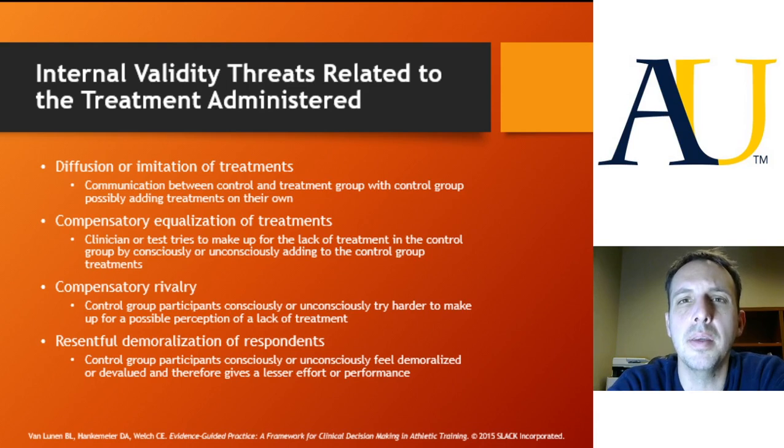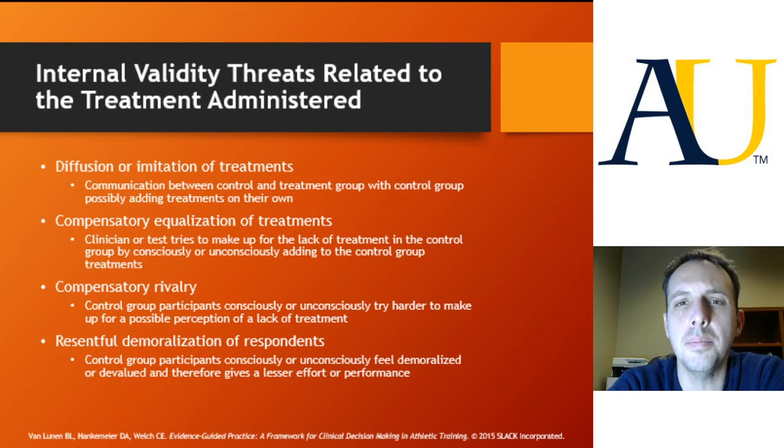And basically what this is, if there's communication between the experimental or intervention group and the control group, the participants in the control group might figure out what they're not receiving and try to supplement that in order to improve their own care.